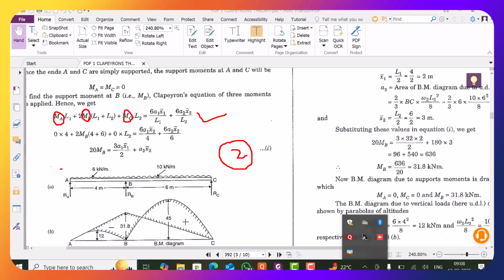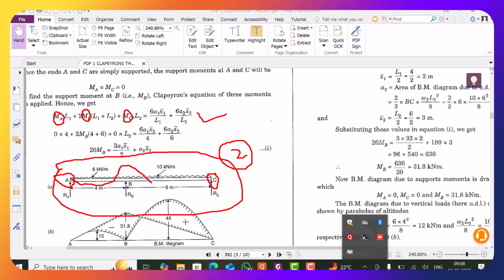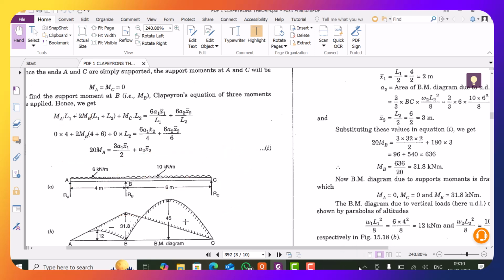If you look at this continuous beam, you know very well that the moment at the end support is 0. The moment at this support C is always 0, because if you try to draw the deflected shape of this beam because of loading, you will get something like this, right?